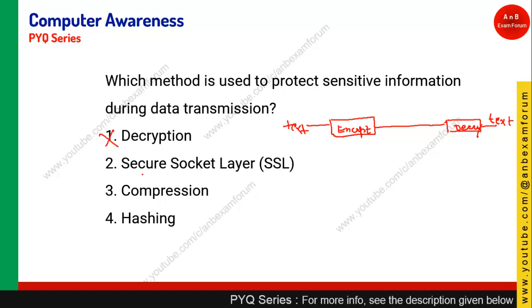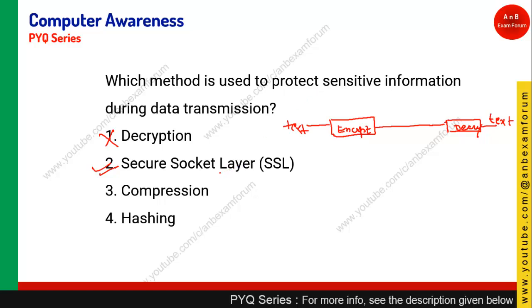Coming to SSL, that is Secure Socket Layer. Yes, this is a way through which sensitive information can be protected. This is basically an encryption technology. SSL layers use encryption inside, so it protects the information, whatever payload it is carrying.